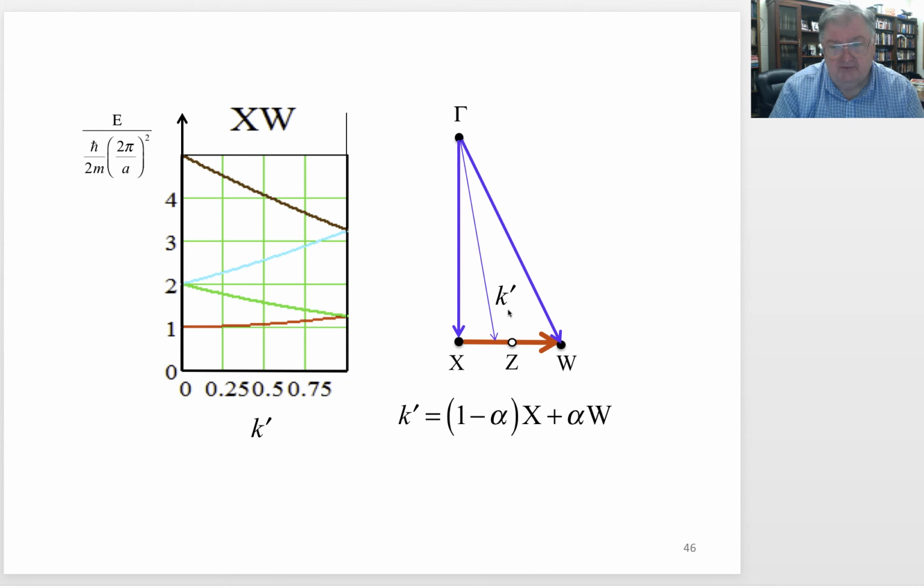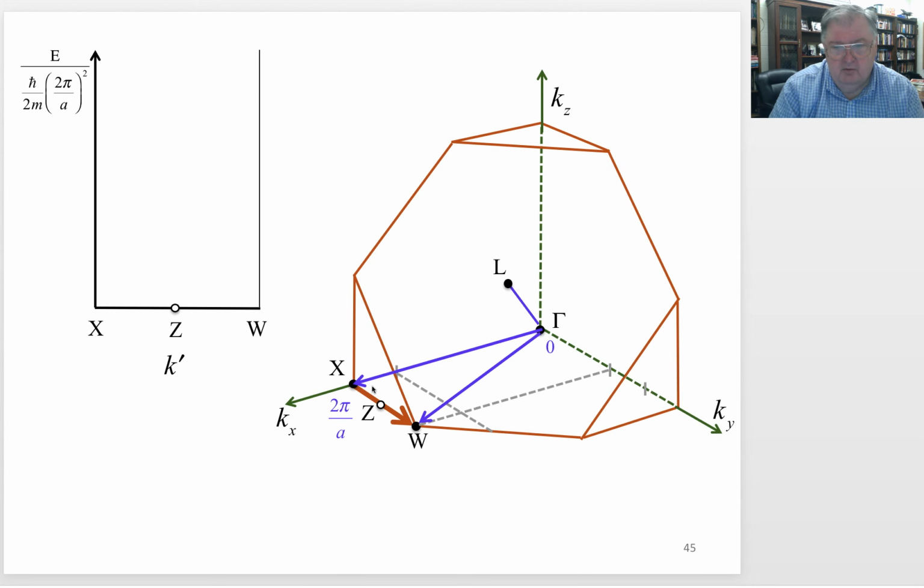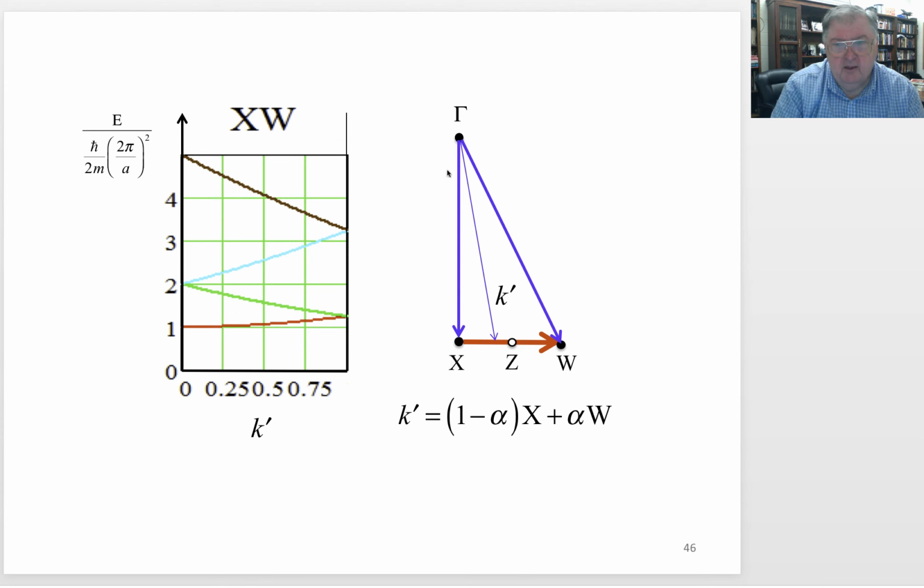Well, again, what did I say? I want to take the X vector and the W vector and use them to construct this XW vector. How could I do that? Well, here you go. Here's the X vector, X, here's the W vector, W. If I let k prime be (1 minus alpha) times X plus alpha times W, what happens?